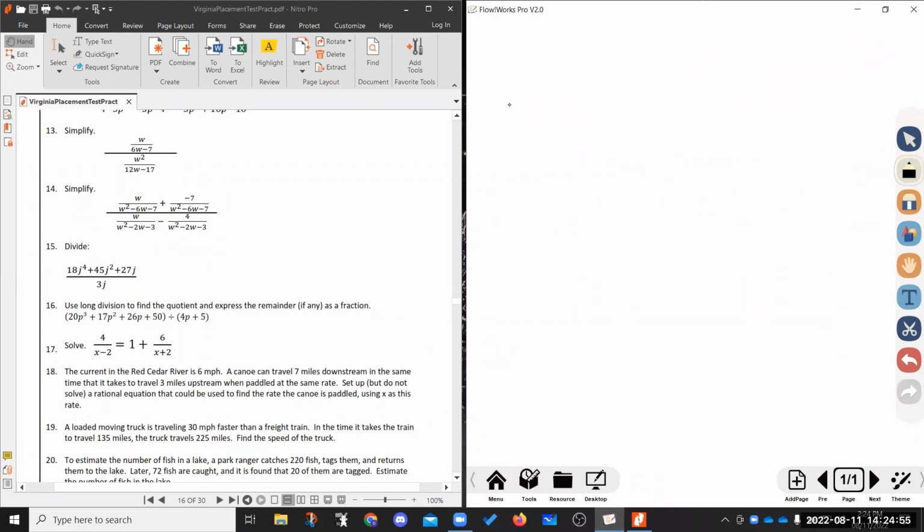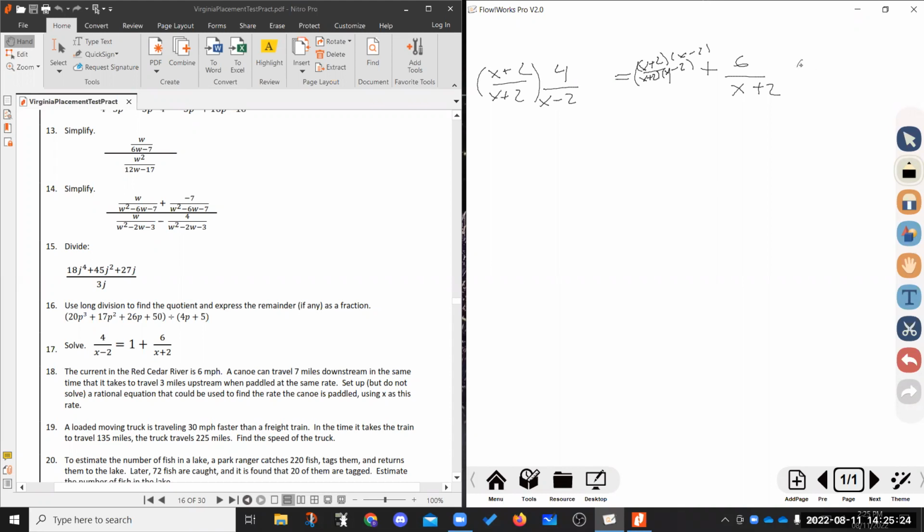I'm going to go ahead and show you how you can do that without clearing the fractions and without changing the domain. It's very similar, just one step is different. So now I'm going to make common denominators. My common denominator is going to be x plus 2 times x minus 2.